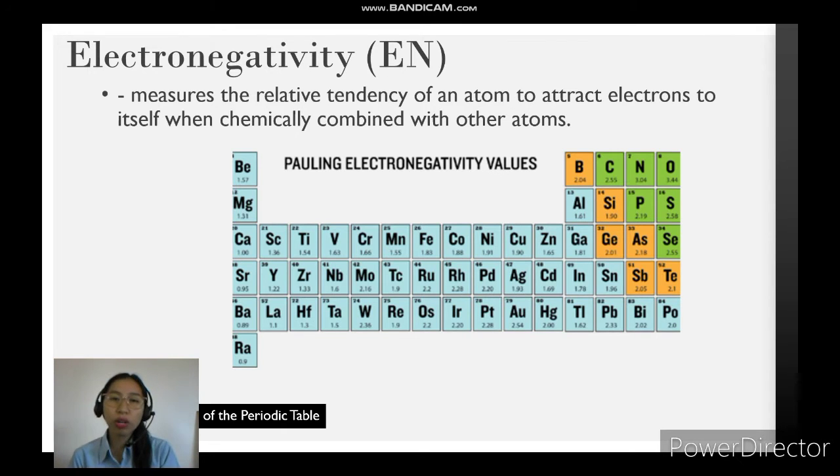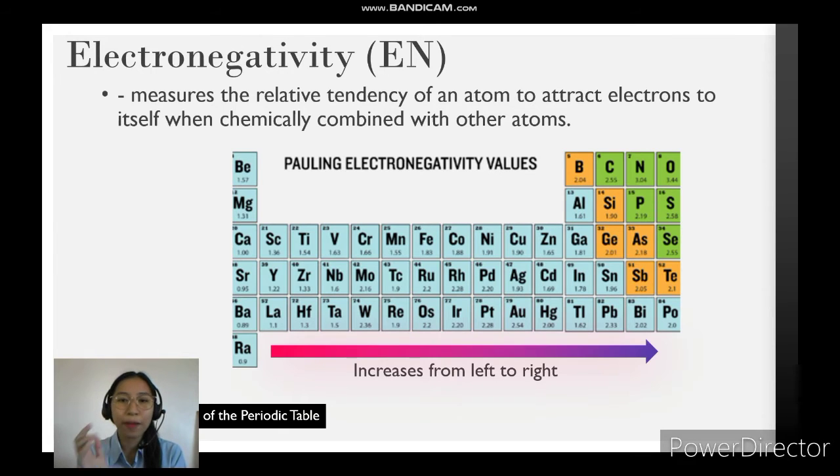Okay, so ang common trend for electronegativity sa atong periodic table kay naga-increase siya from left to right. So if you're going to navigate your periodic table from left to right, makita niyo ang trend. You can see that the electronegativity values kay increasing from left to right.